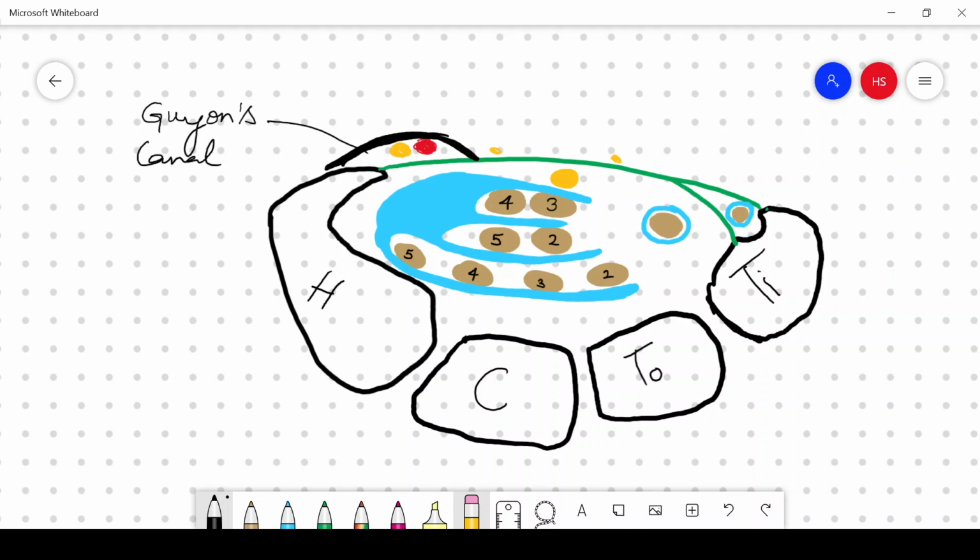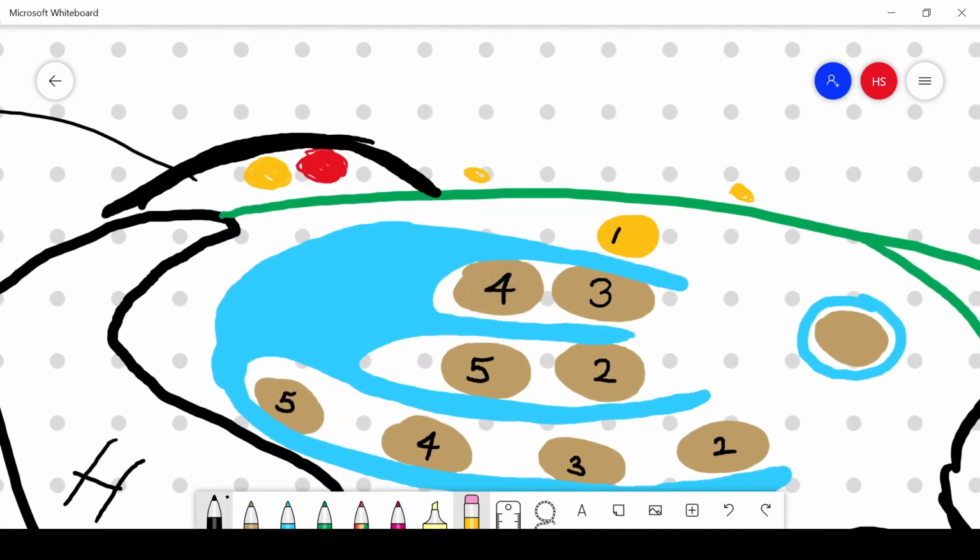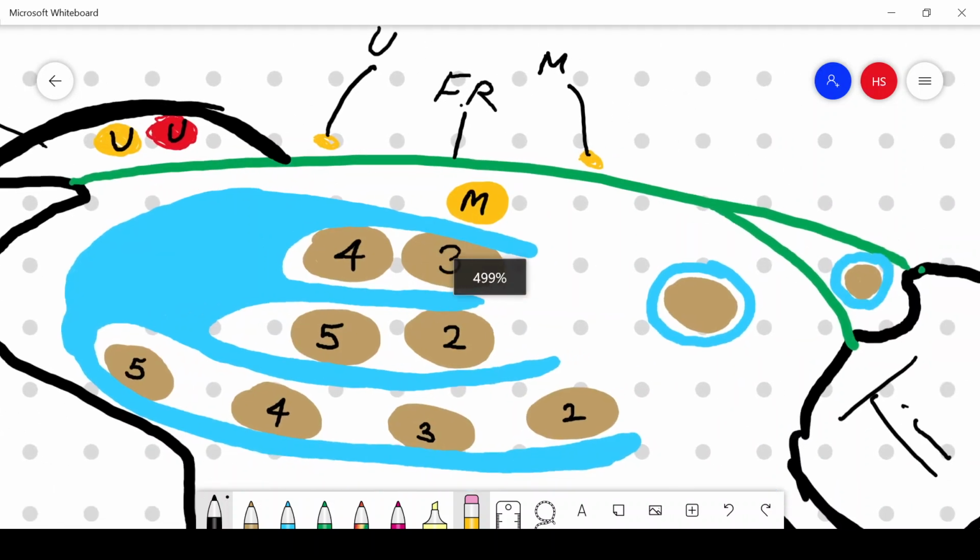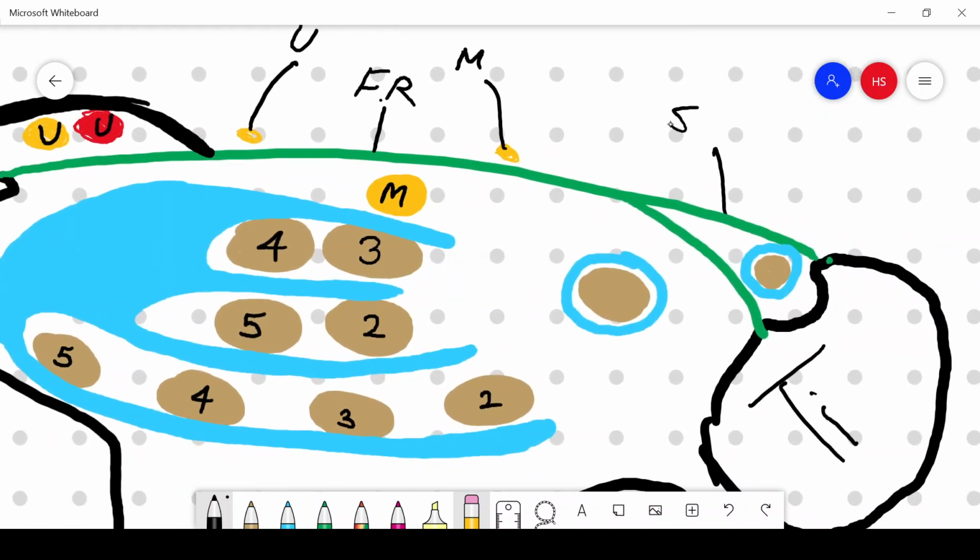And this one is obviously the median nerve. This is the ulnar nerve and the ulnar artery. These are the palmar cutaneous branches of ulnar nerve and median nerve. This is the flexor retinaculum, and this is its superficial lamina, and this is its deep lamina.